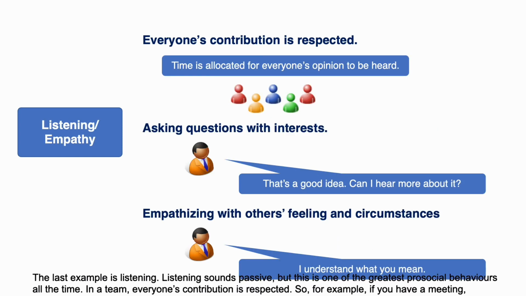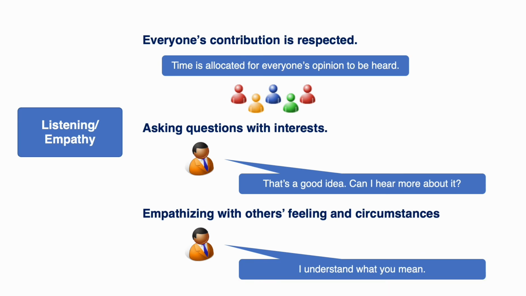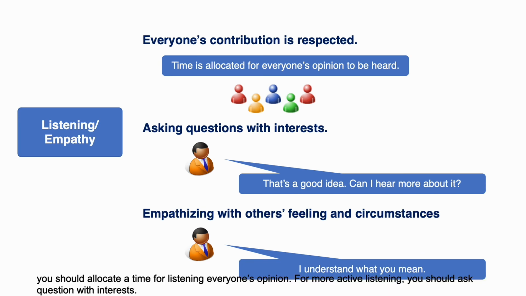The last example is listening. Listening sounds passive, but this is one of the greatest pro-social behaviors. In a team, everyone's contribution is respected. So for example, if you have a meeting, you should allocate time for listening to everyone's contribution and opinion.